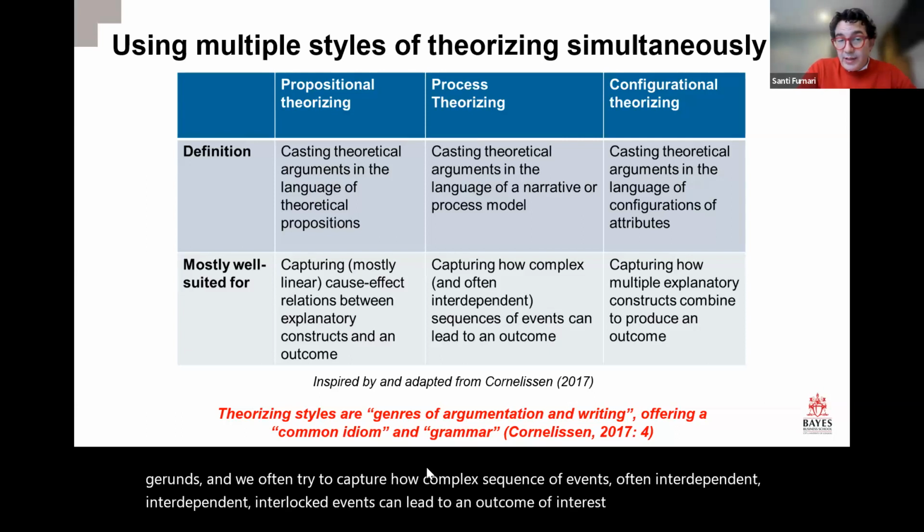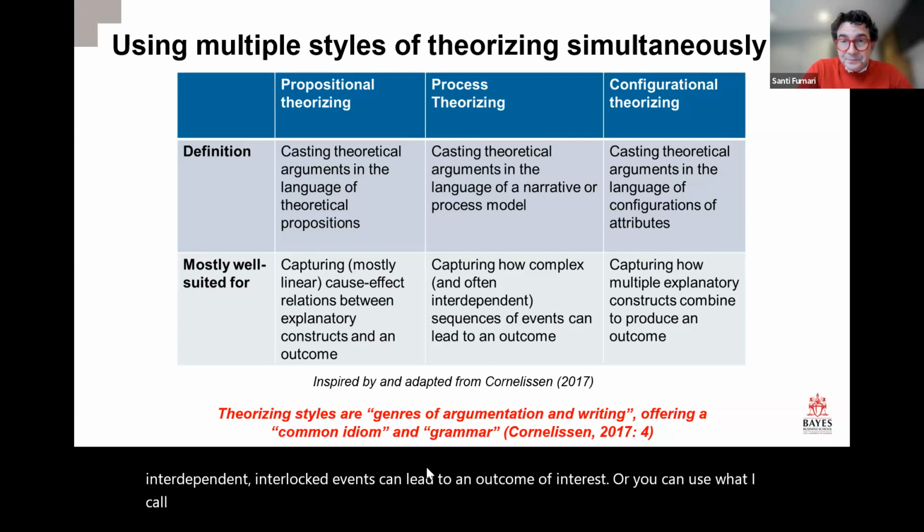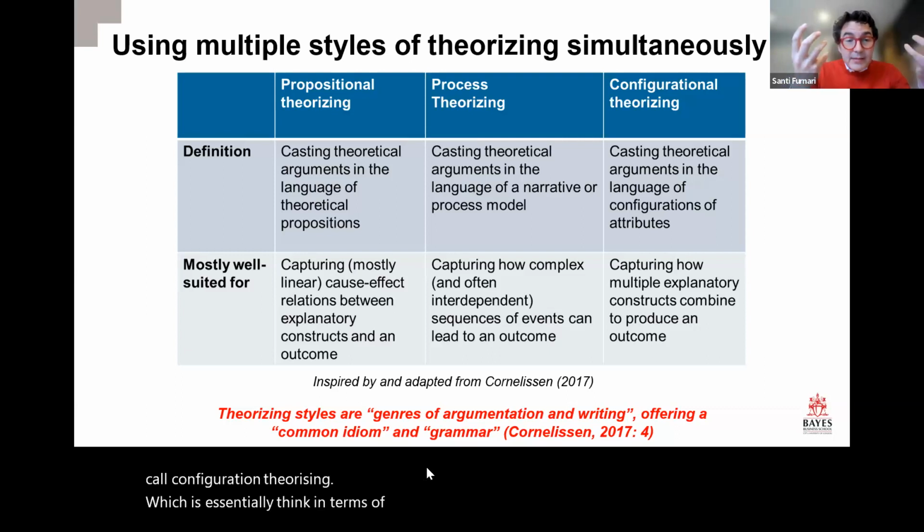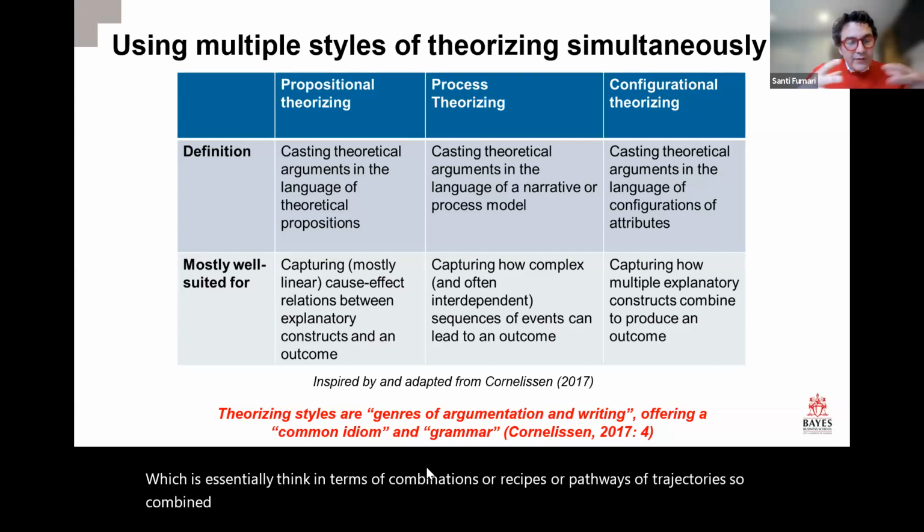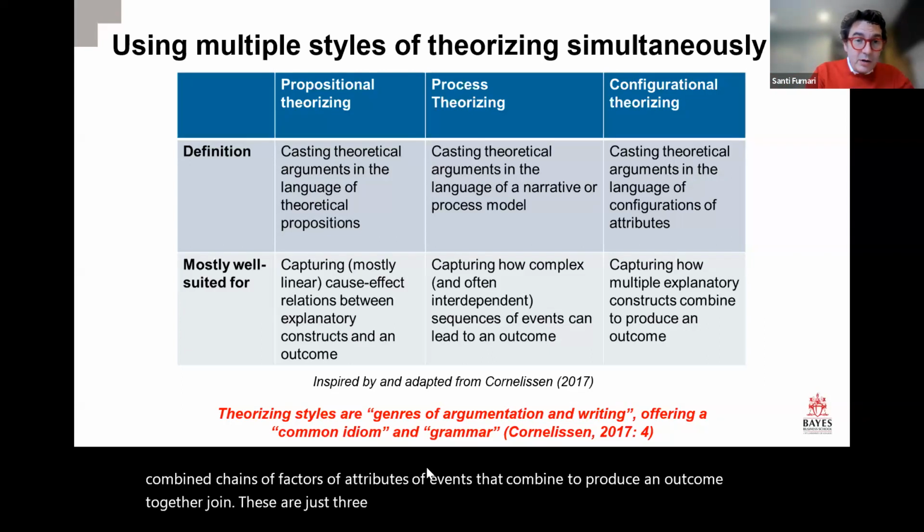Or you can use what I call configurational theorizing, which is essentially thinking in terms of combinations, recipes, pathways, of trajectories. So combine chains of factors, of attributes, of events that combine to produce an outcome together, jointly. These are just 3 styles, as they've been called.